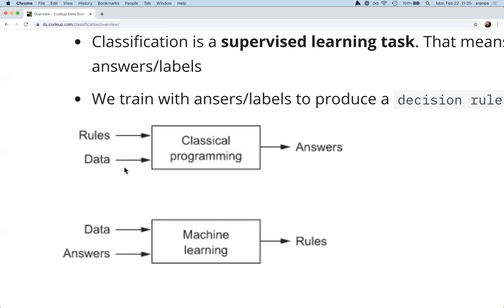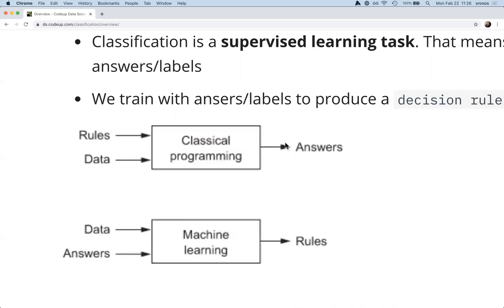Whoever the user is, it gives that application their specific data. And with classical programming, those rules are coming from law, like tax law, or they could be coming from business rules, right? When a user signs up for the newsletter, automatically add them to the newsletter email, right? Pretty straightforward. This is the realm of web development. This is the realm of most software development, almost all software development except ML, where we have rules that are coming from either the world or the business or what the customer has asked for, and we provide in data, and then we get answers back.